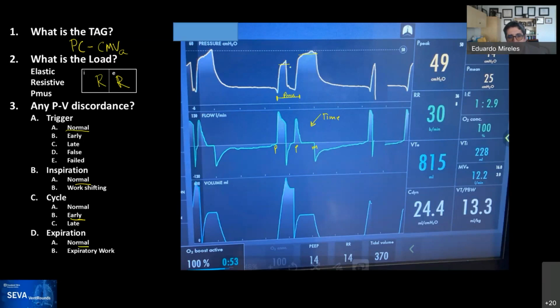So there are two different I times. This breath over here did not get cycled by time. It got cycled by volume. And that's a secret from these ventilators.